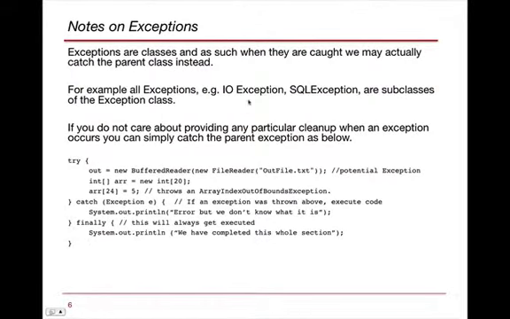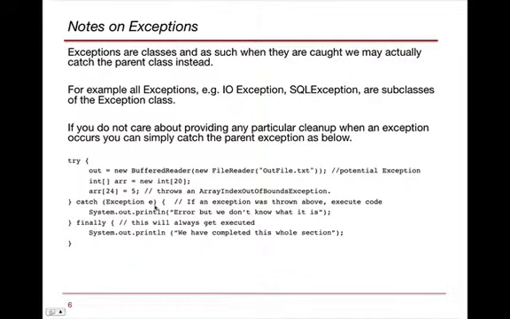So, like we said, exceptions are really just a class. They are an instance of a class, and they extend the Exception class, which actually extends another class called Throwable. So if we don't particularly care about providing any particular cleanup, we can do a little bit of a shortcut. We're using the same code as before, and any one of these lines can throw an exception. It's the first and third line. And what we say is, if an exception is thrown, we just want to catch the general exception, and we say Exception e.